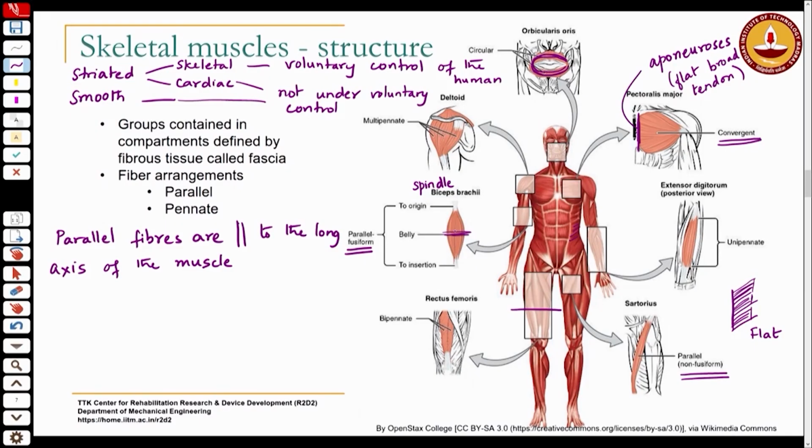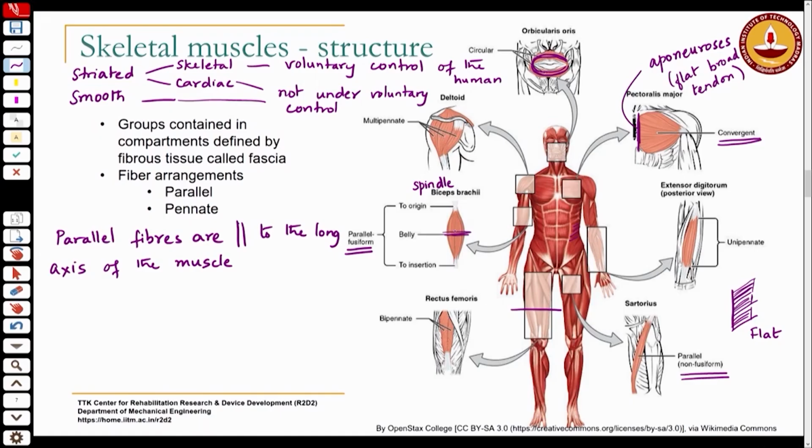How much ever the fibers shorten, the muscle also shortens. So you get a high movement velocity, because you can shorten over a longer length. So you get a greater range of shortening.